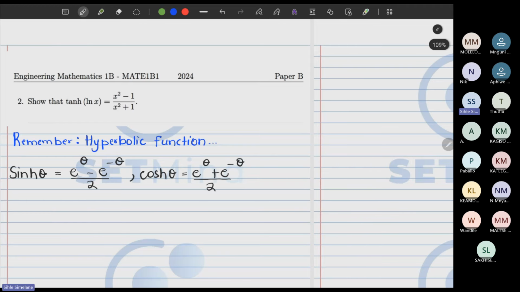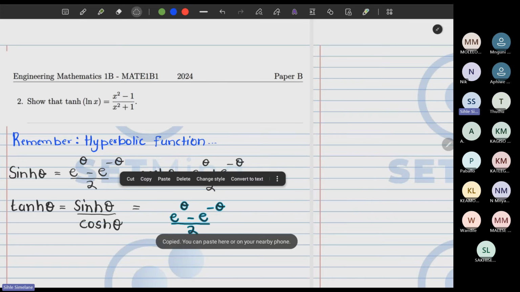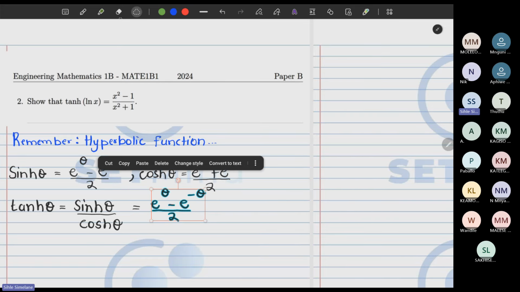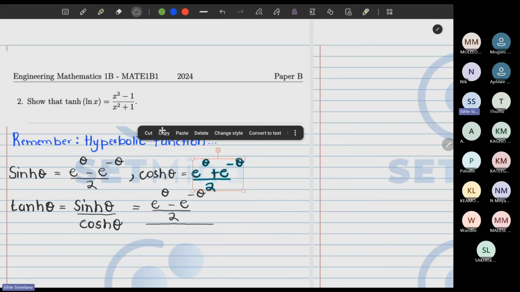If you observe carefully here, guys, whenever we are looking for hyperbolic tan of theta, we will do hyperbolic sine of theta divided by hyperbolic cosine of theta, of which, if you quickly divide these two, it will be obvious what your answer becomes. So that is hyperbolic sine divided by, let's fetch hyperbolic cosine.